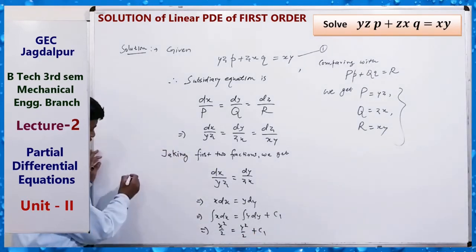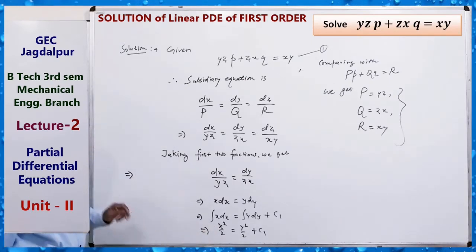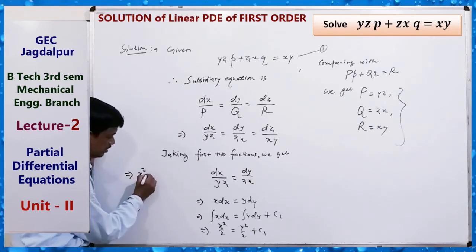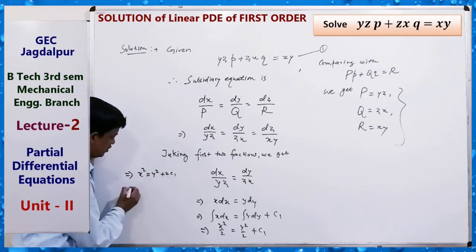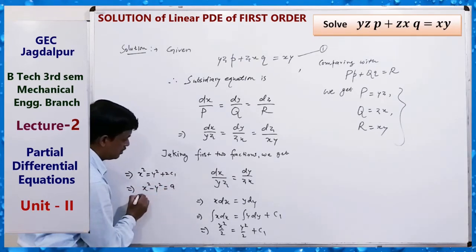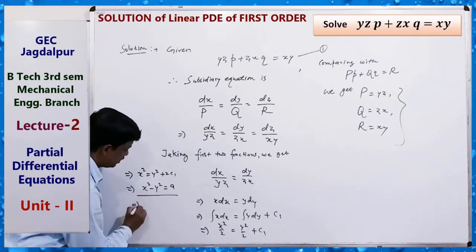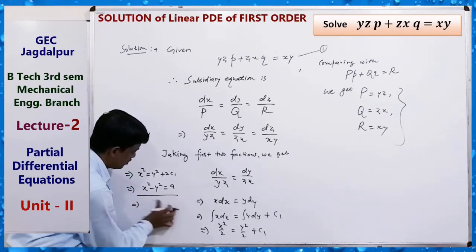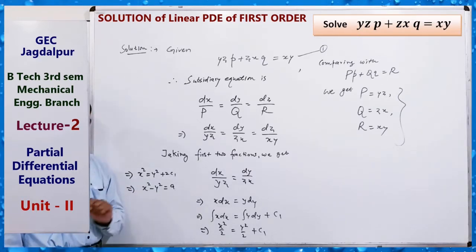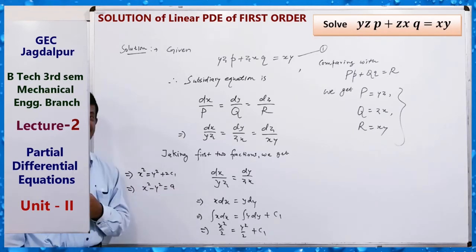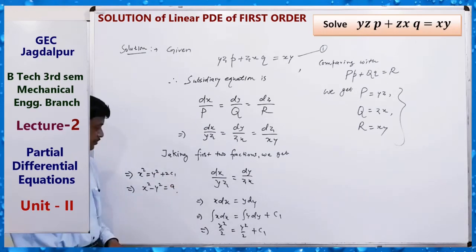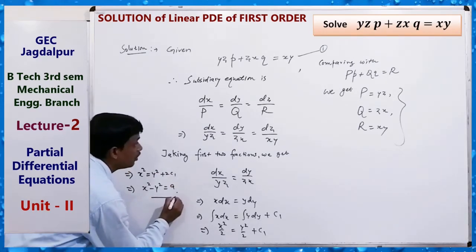We can also write x square equals y square plus 2c1, which implies x square minus y square equals a. This is our first integral, that is u equals a. So we get this equation 2.